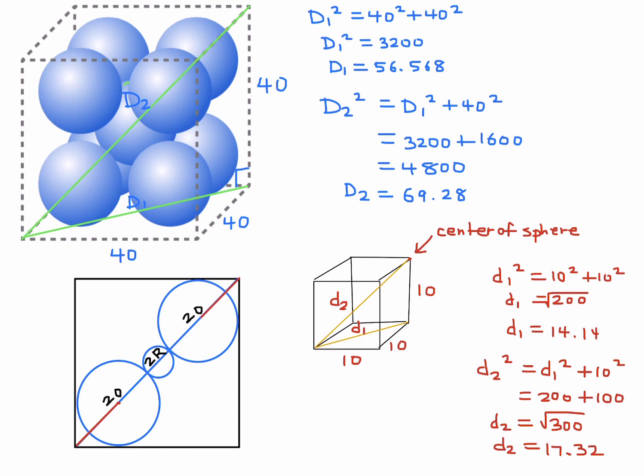So that is d2. What about this distance right here? That's also d2. This is 2r. And then, of course, what we have remaining from here to here is just the radius, which is 10. And this is also the radius of the sphere, which is 10. So there we go. We have it all.